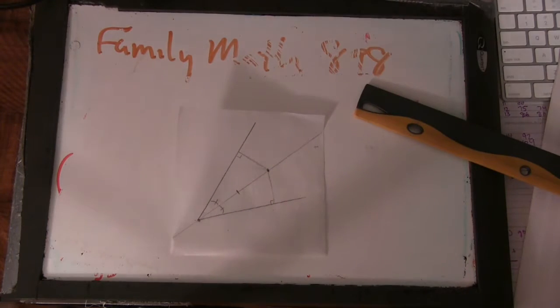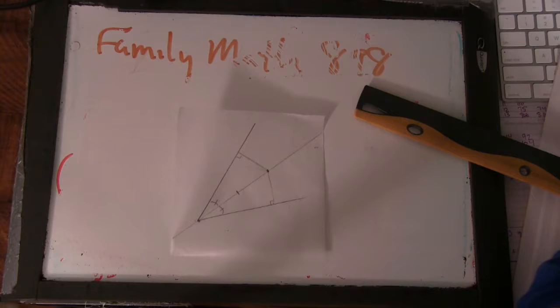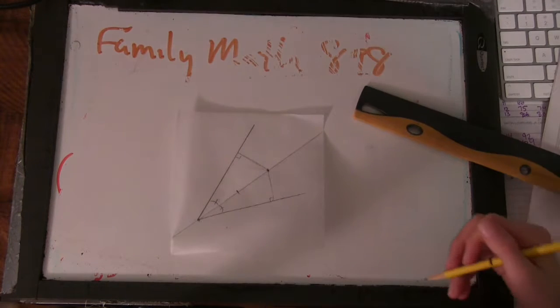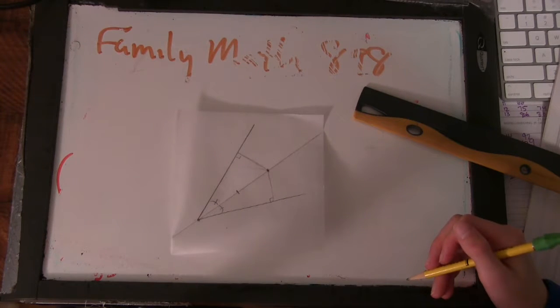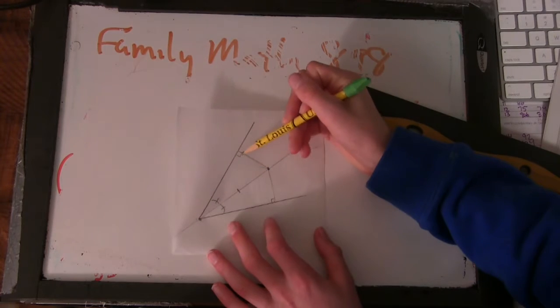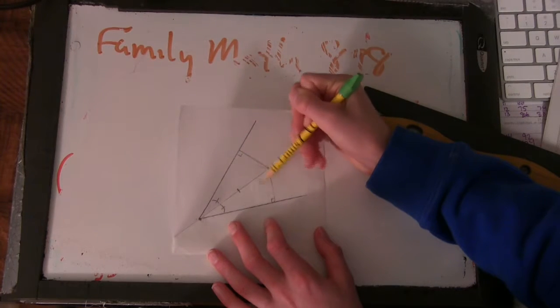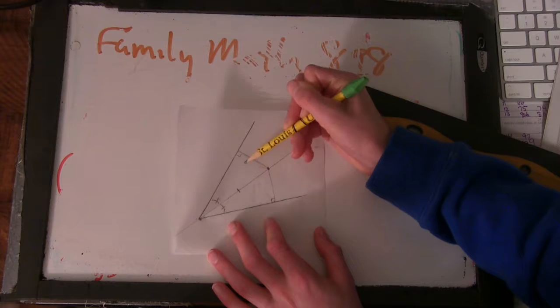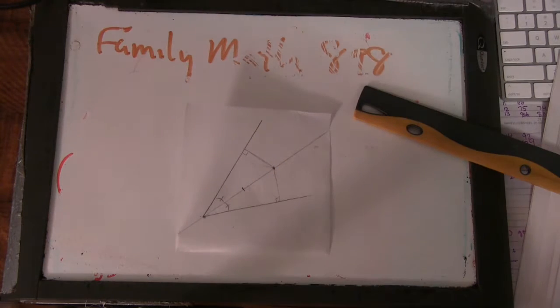Is there any way at all you can show me that those two distances are the same? Maybe if we drew a side here, but then we wouldn't know if these two would be the same.